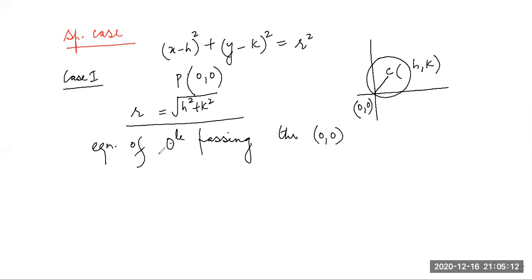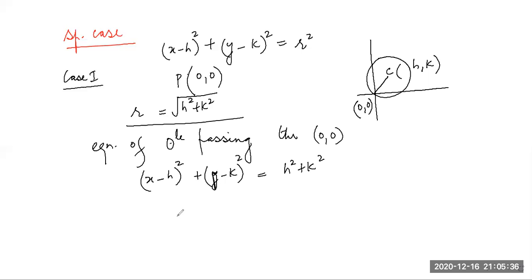What will that equation be? Again, (x minus h) whole square plus (y minus k) whole square is equal to r square, which is h square plus k square.